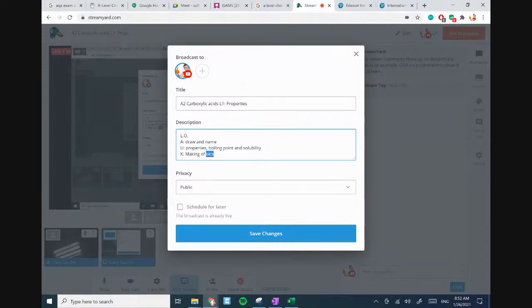I can't find my mouse. It doesn't matter. No mouse.